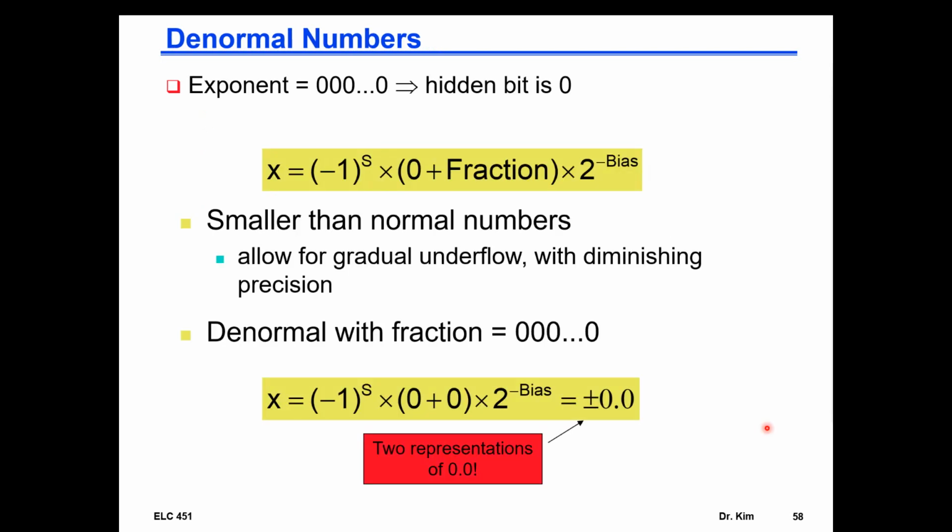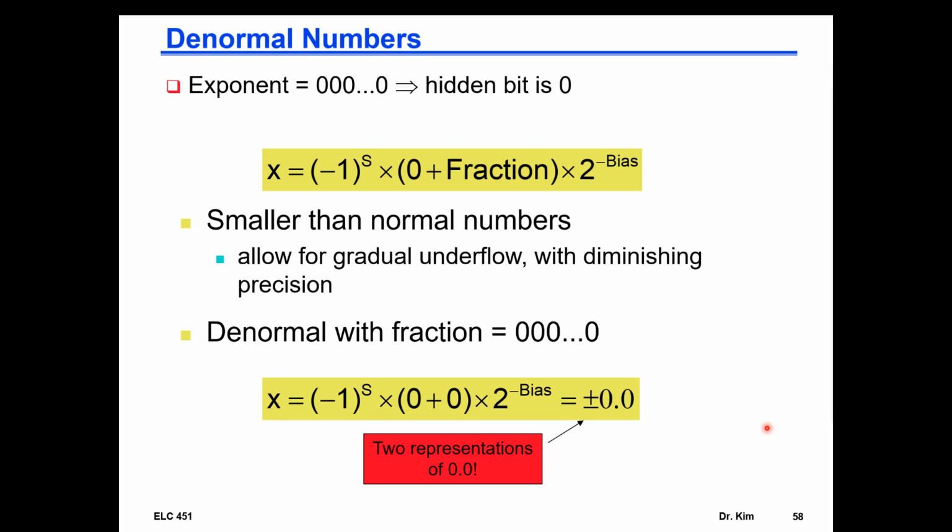The standard calls for dealing with what are called denormal numbers, which are smaller than the normal numbers that the standard can allow for. Also, the standard calls for how you deal with the fact that you can have 2 representations for 0, because you have the sign bit separate from the actual magnitude.